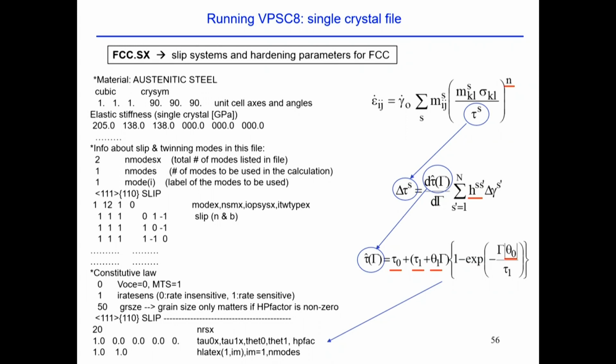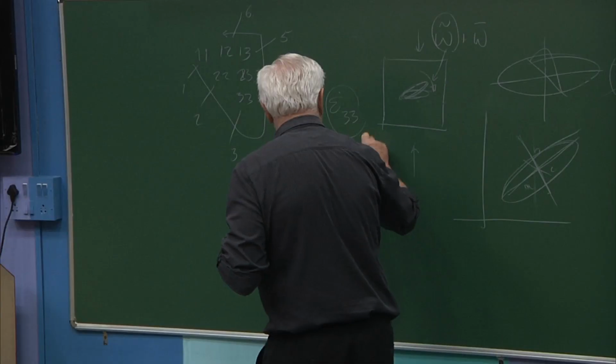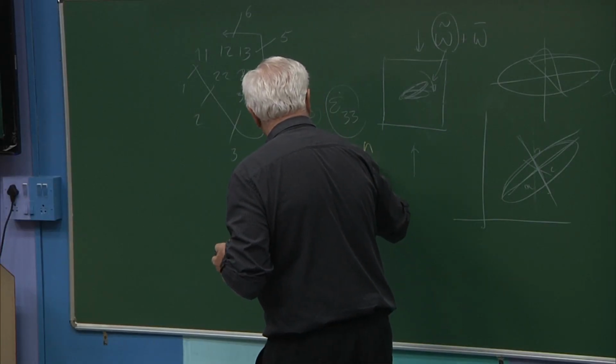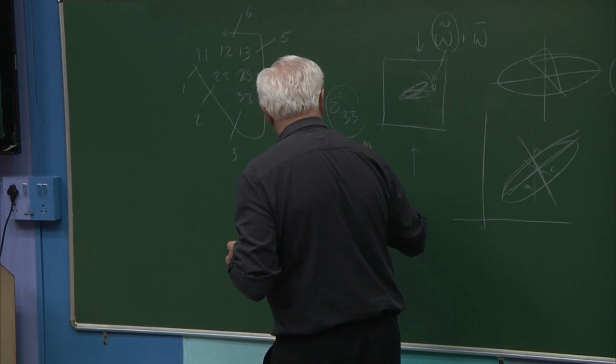Here is if you want to use the rate sensitivity. I'm not going to get into that now. You just use 1 or 0: 1 is yes, 0 is no. So yes, use the rate sensitivity. It has to do with the fact that you have a factor n here, and you have a sigma over tau to the power n.